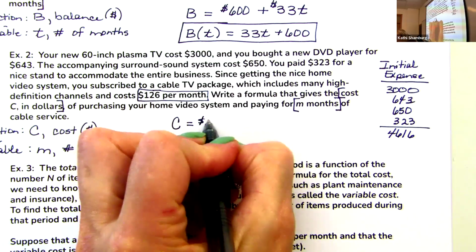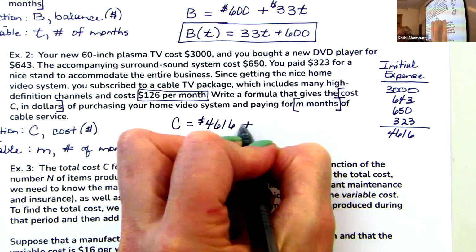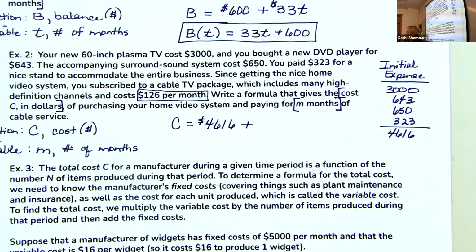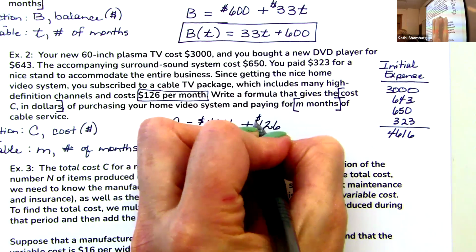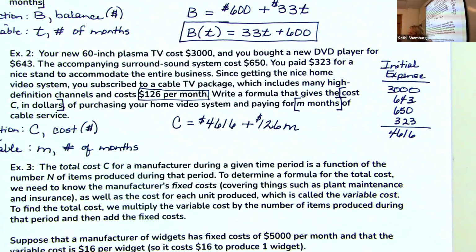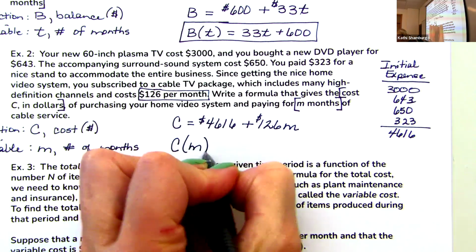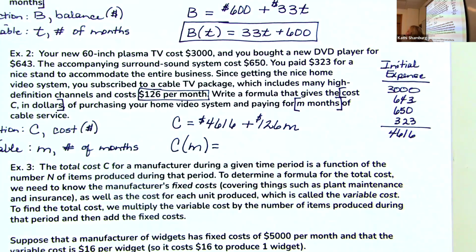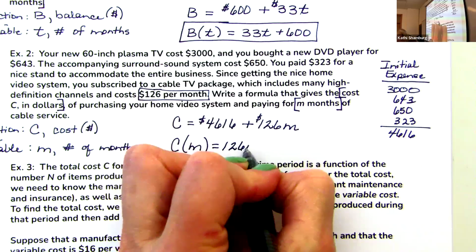So my fixed expense is $4,616, and then I'm also going to be charged how much? $126 every month. So then I'm going to go ahead and write it with functional notation. So C at M. Again, if you left the 4,616 in front, that's fine. I'm going to go ahead and put the variable term first.